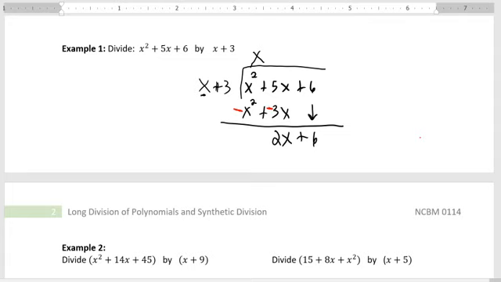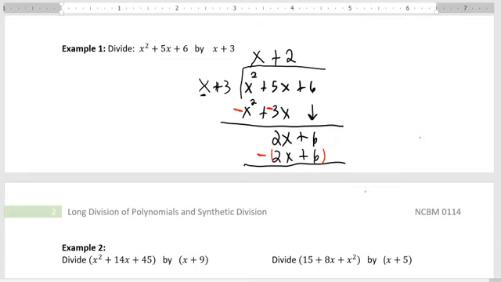And so now we ask the same thing. What do I need to multiply this x to get a 2x? So I need to multiply by 2. So 2 times x is 2x. 2 times 3 is 6. And then we're going to subtract the entire thing here.